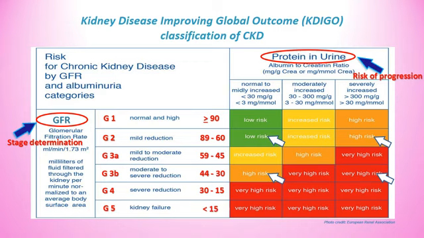So, from this discussion, we can easily conclude that both glomerular filtration rate and urine ACR report are important for assessment of a CKD patient.